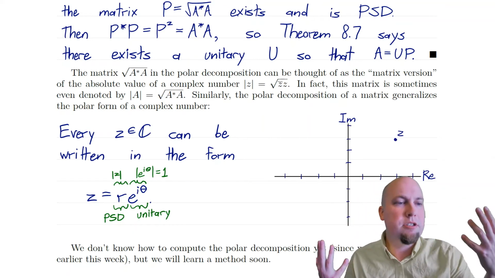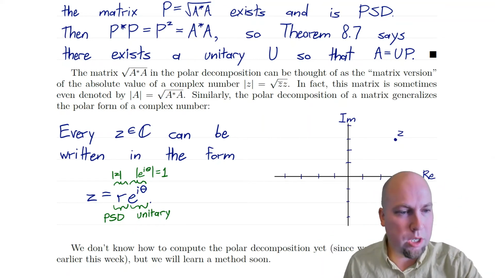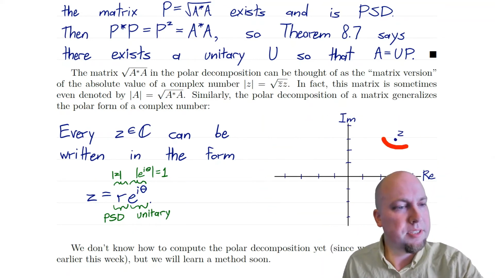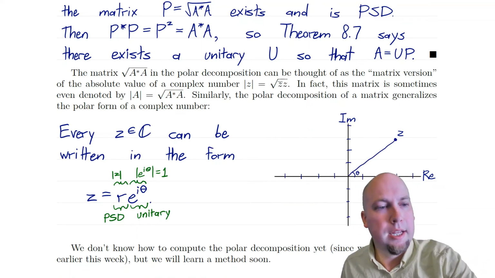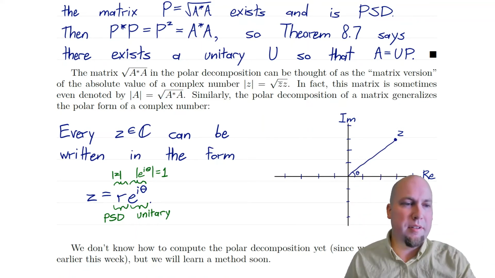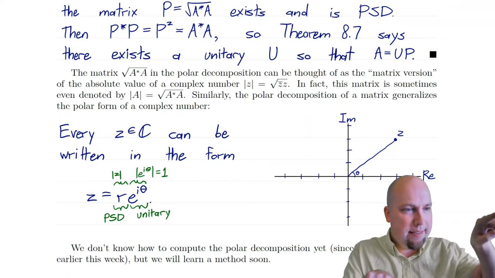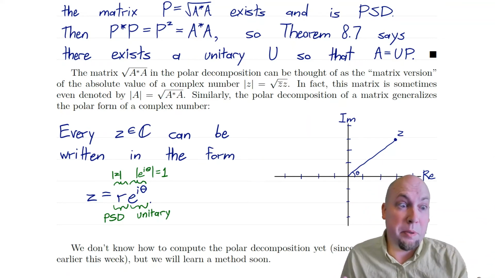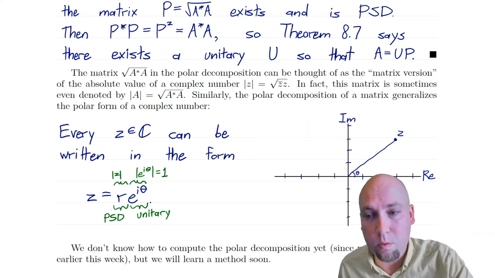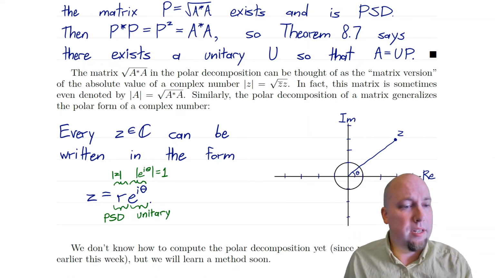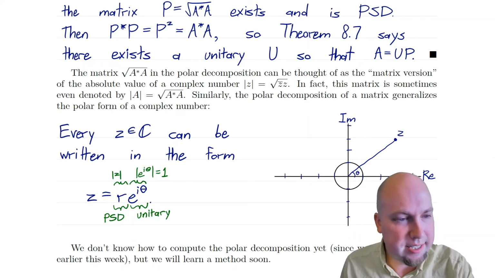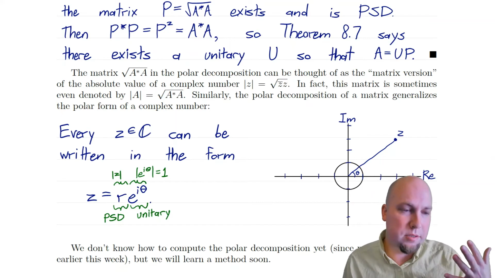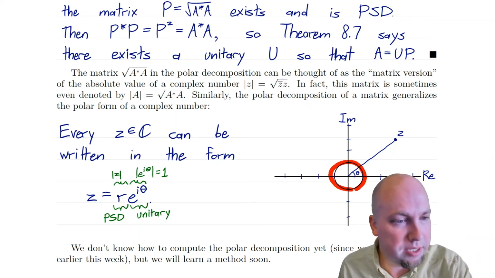Geometrically, if we draw the complex plane here, and you have some number in the complex plane, you can break that down into an angle and a length. This is the same as polar coordinates in R2, if you've seen polar coordinates. It's an angle of theta up from the real axis, or the x-axis. I'm going to draw on the unit circle here.